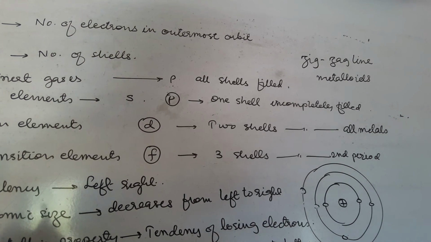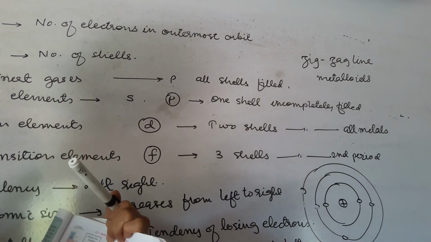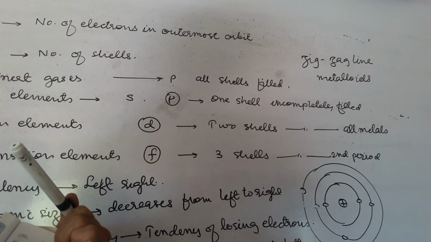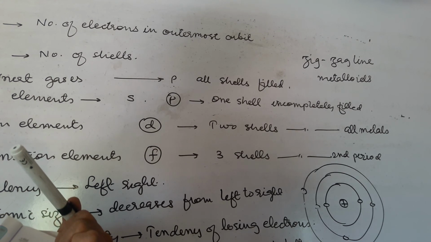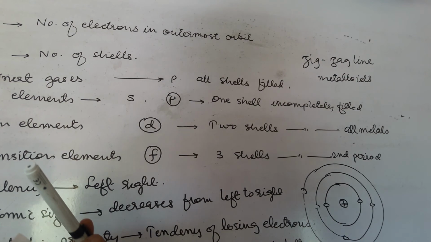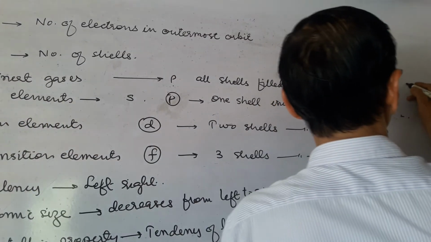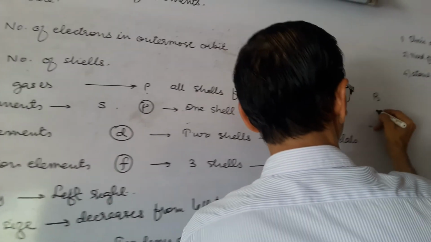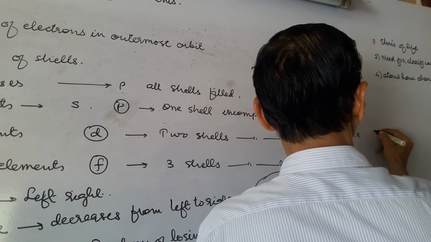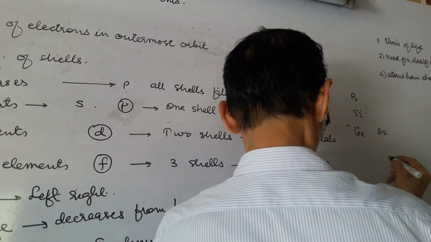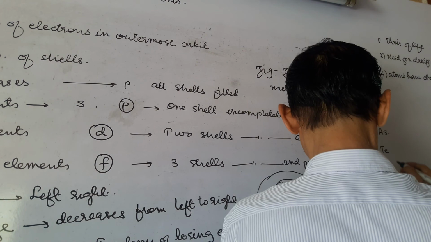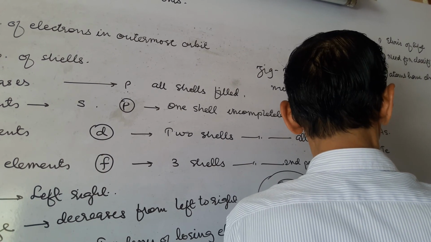For example, boron, silicon, germanium, arsenic, antimony, tellurium, and polonium. These are all metalloids. Keep in mind once again: boron, silicon, germanium, arsenic, antimony, tellurium, and polonium.